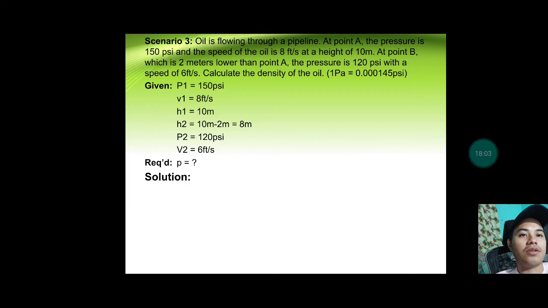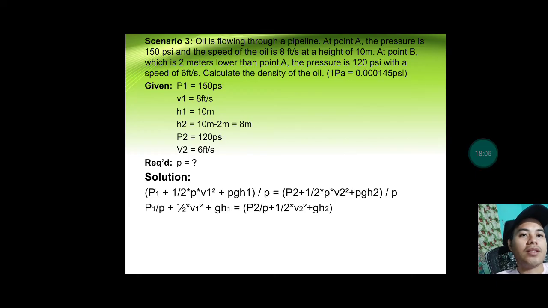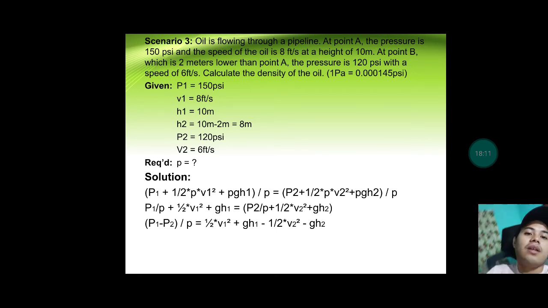Okay, so for scenario 3, the required will be the density. So what is the density of the oil?